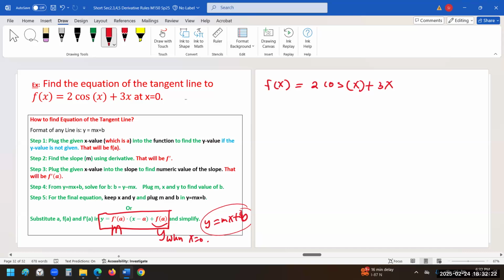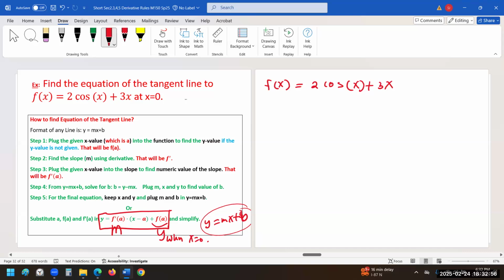So f of 0 times x minus 0 plus f of 0. f of 0 is 2. How come we have y equals 2 now?